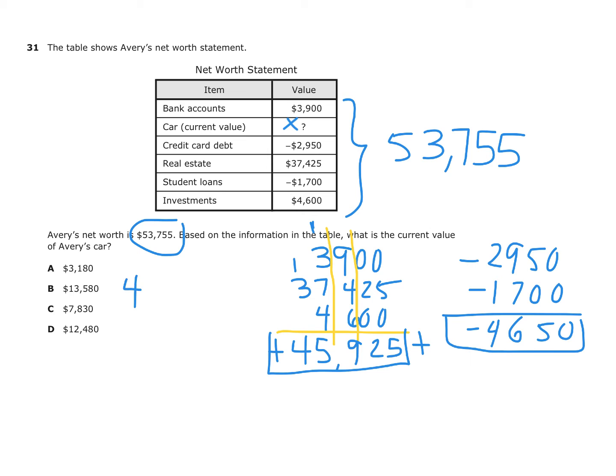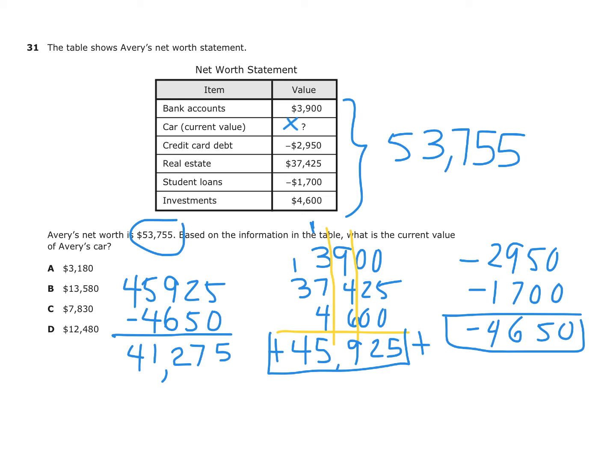We're going to have 45,925 minus the 4,650. So you're going to have 5 here, and then you're going to borrow, 12 minus 5 is 7. The 9 becomes an 8. 8 minus 6 is 2. So that's 275, and then 45 minus 4.